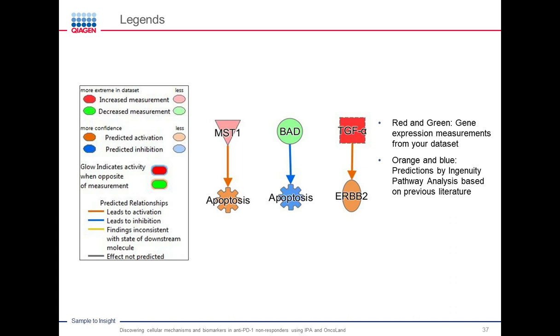Similarly, BAD is colored green. So downregulation of BAD seems to be leading to decreased apoptosis. Again, BAD is downregulated in your data set, and IPA is predicting, according to previous literature, that it will lead to reduced apoptosis. Similarly, TGF-alpha is colored red. That means it's up in your data set, and this is going to lead to increased activation of ERBB2, also known as HER2.